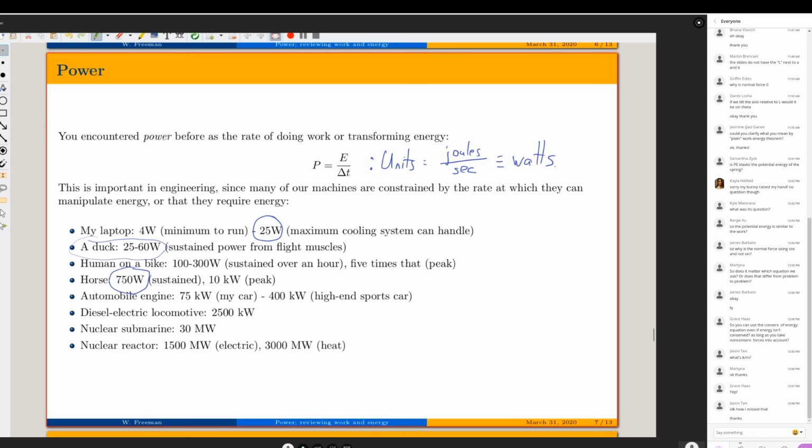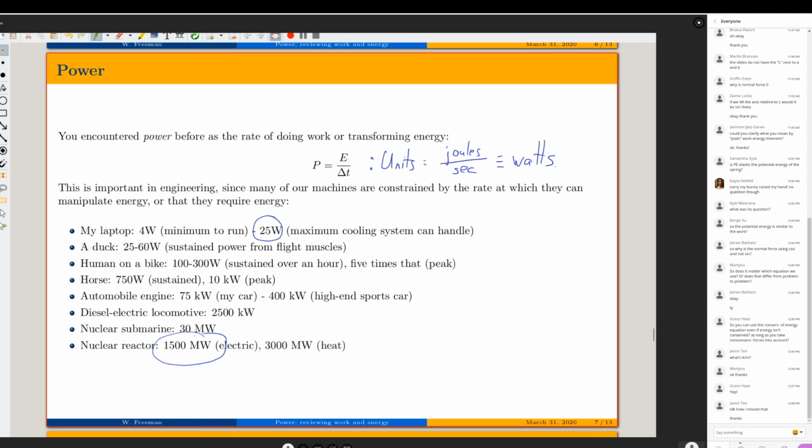But you can get a lot more than that for a moment. Automobile engines range from 100 horsepower or 75 kilowatts up to 400 or even more kilowatts. And as we go up to bigger things, a nuclear reactor like the ones that power us near Lake Oneida may be producing over 1 billion watts of electricity.